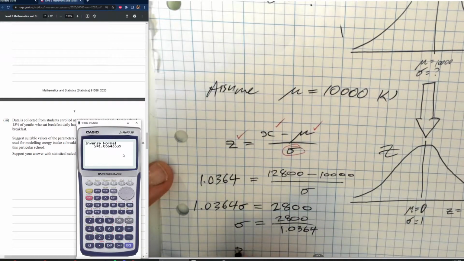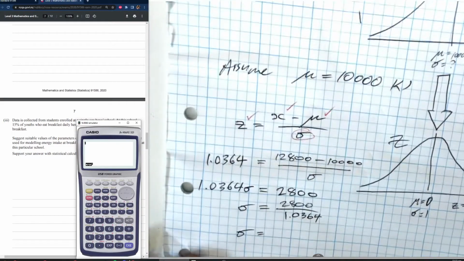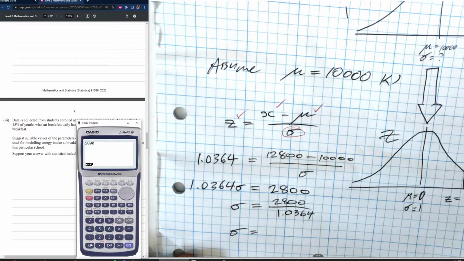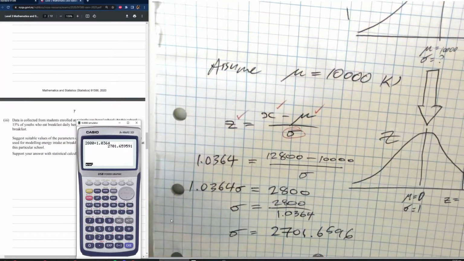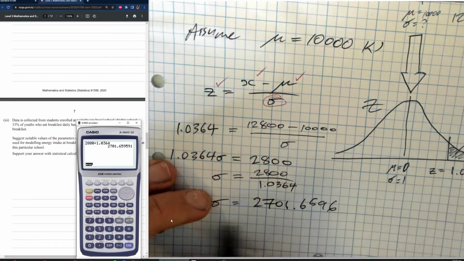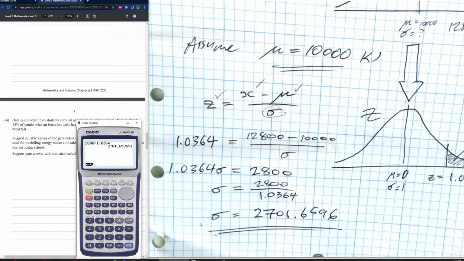So sigma is going to be equal to 2,701, oopsies, 0.6596. Sweet, that's all. So we've got a sigma value and we've got a mean value.